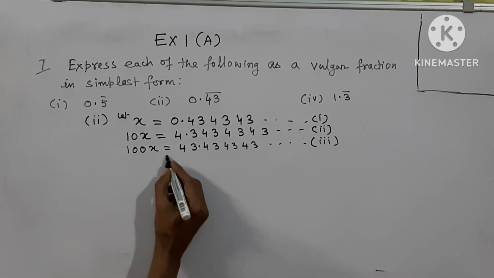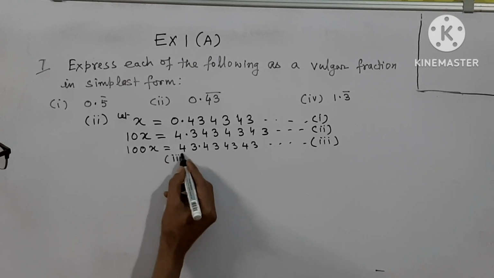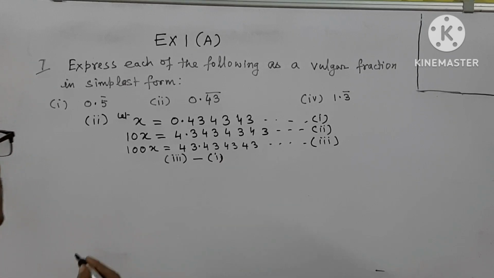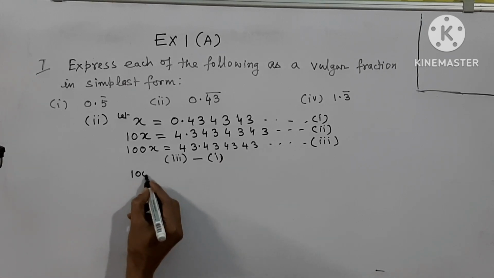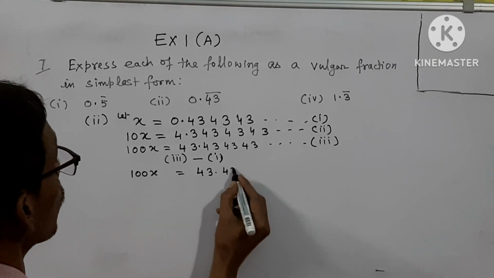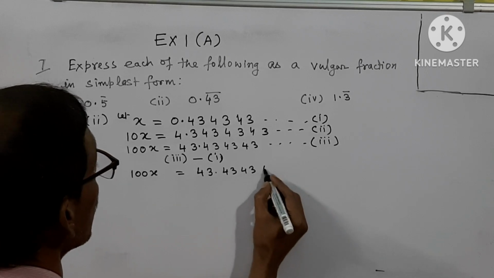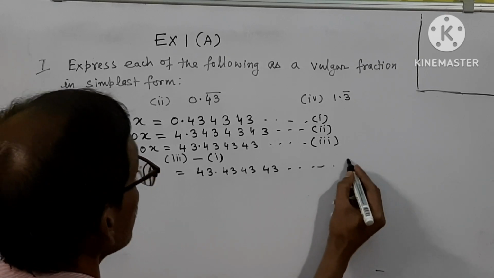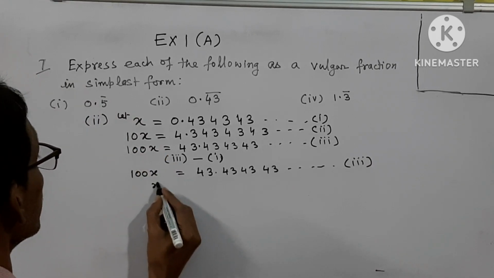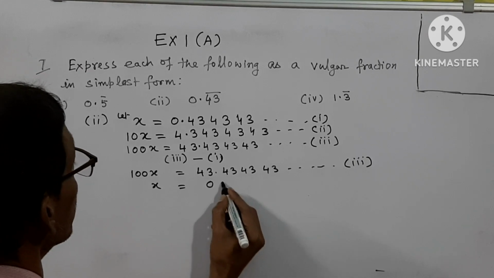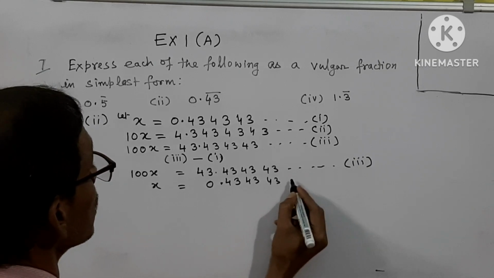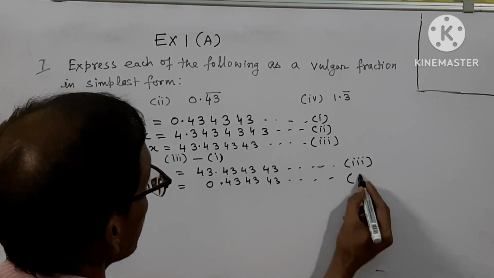So if I do equation 3 minus equation 1, then 100x equal to 43.434343 dot dot dot. This is equation 3, and x equal to 0.434343 dot dot dot. This is equation 1.